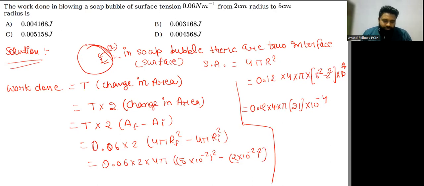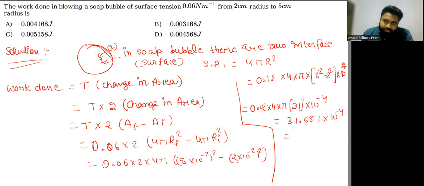So if you do the calculation of this, it will result in 0.12 multiply by 4 multiply by 3.14, which is the value of pi, multiply by 21 is equal to 31.651 into 10 raised to the power minus.